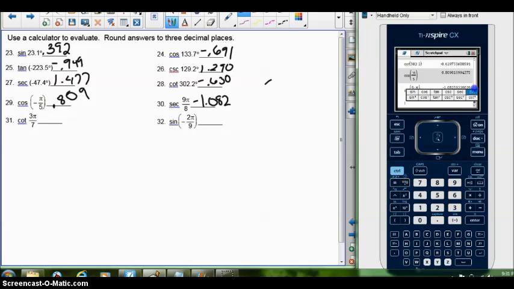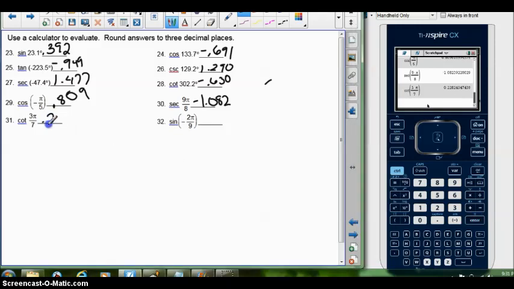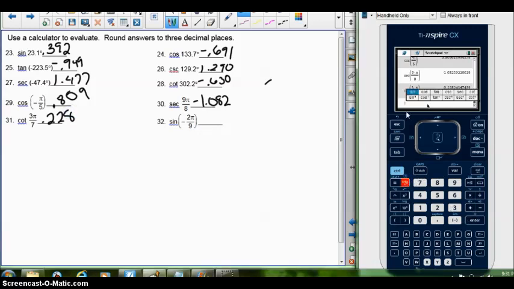Trig cotangent 3 pi divided by 7. That's 0.228. Sine of negative 2 pi divided by 9. And we get negative 0.643.